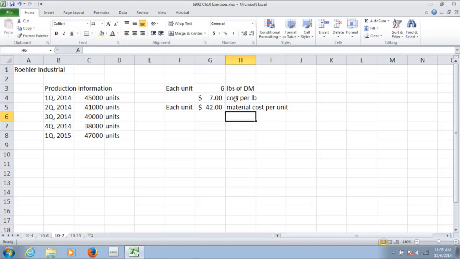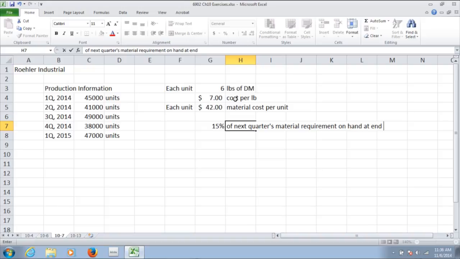Now, a few other rules that we have in place here. In terms of the desired ending inventory, they have a rule of 15% of next quarter's material requirement on hand at end of quarter.